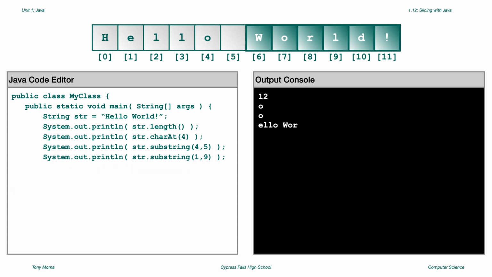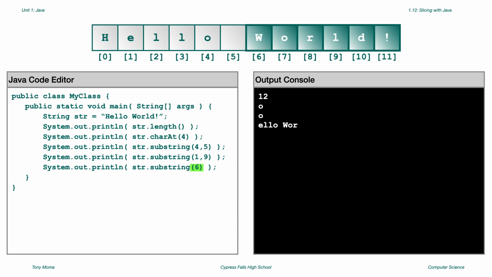The other way we could have done it was by using the length method as our second parameter. The reason this approach works is because the length method will always return a value one above the highest index in the string. That being said, if your goal is to extend all the way to the end of the string, then the most efficient approach is simply to type the starting index.